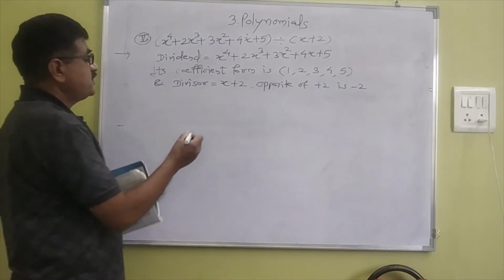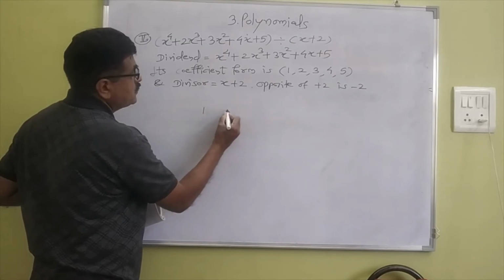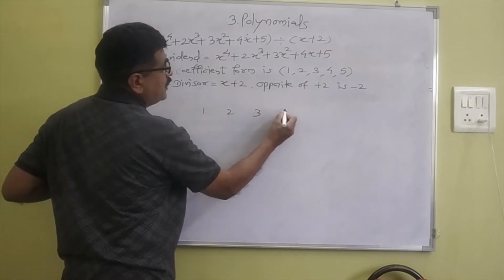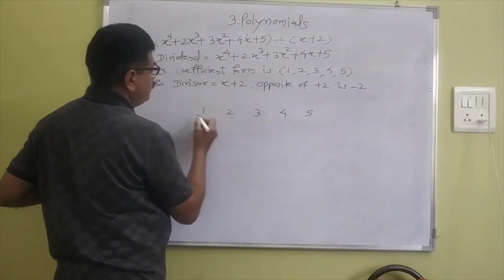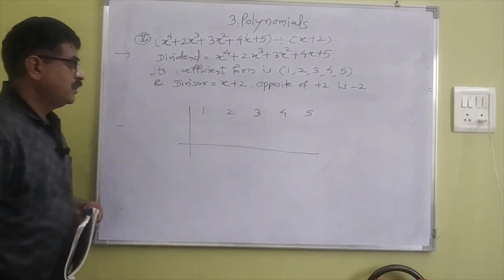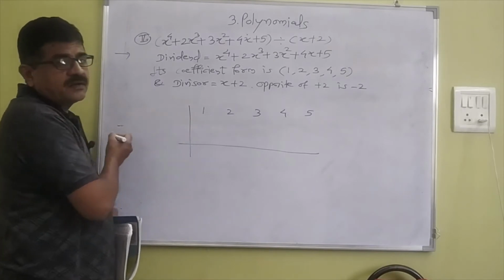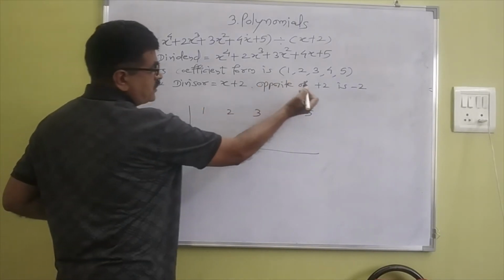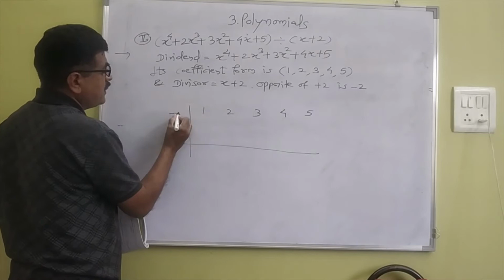Now write down the coefficients: 1, 2, 3, 4, 5. Now which term do we have to take here? The opposite of plus 2 is minus 2, therefore take minus 2 here.